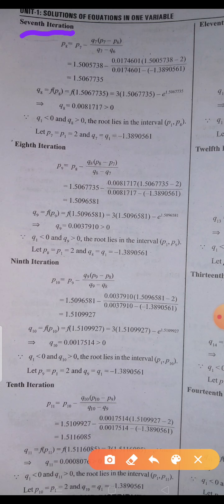P8 is equal to P7 minus Q7 into (P7 minus P6) by (Q7 minus Q6), which is equal to 1.5005738 minus 0.0174601 into (1.5005738 minus 2) divided by (0.0174601 minus Q6), minus 1.3890561.